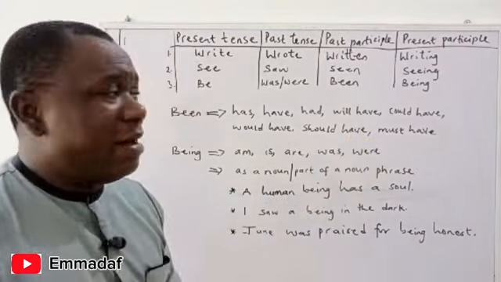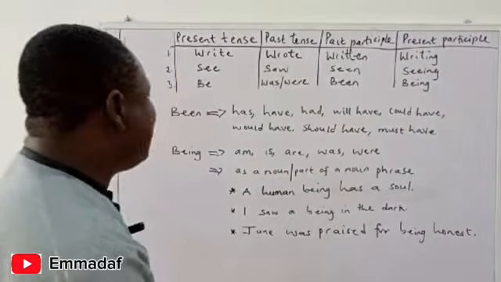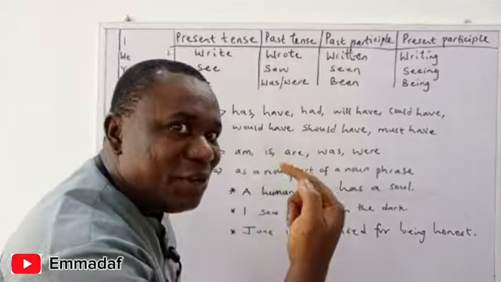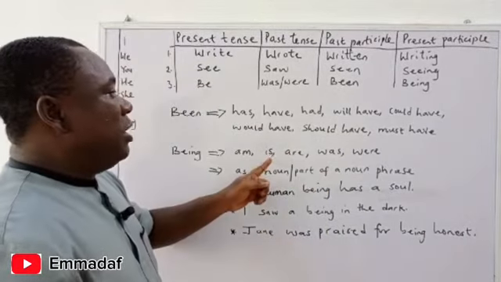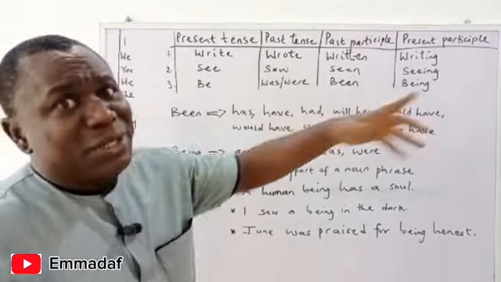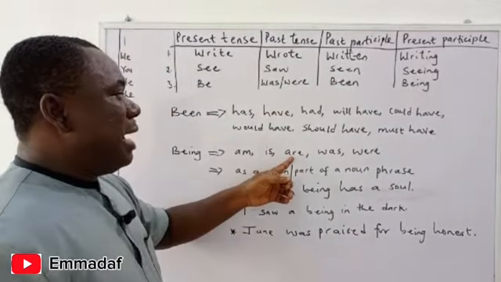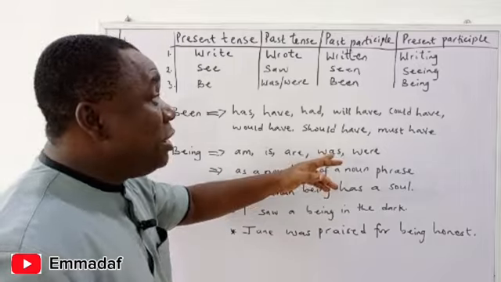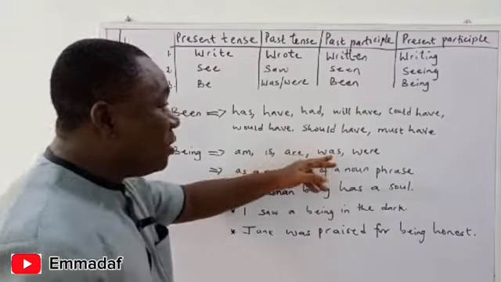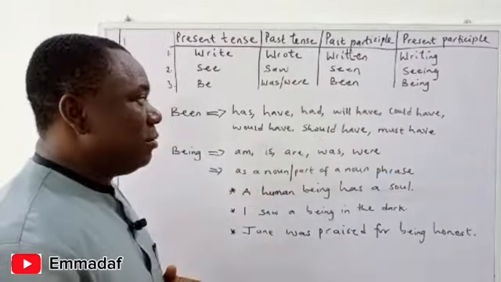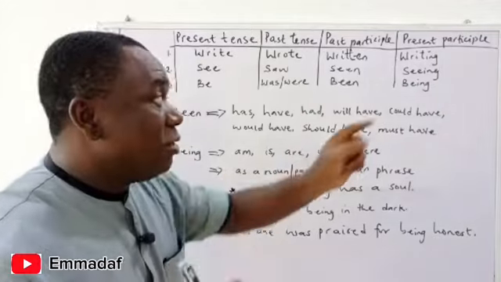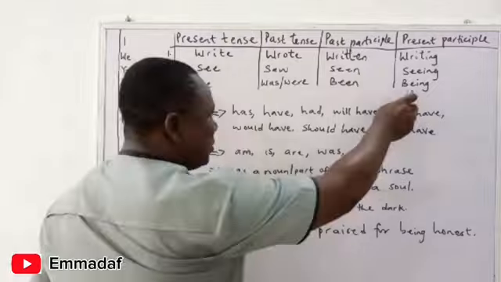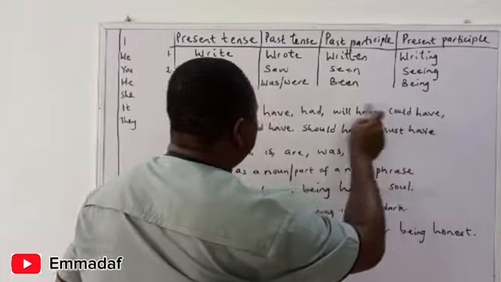The same applies to "being". So anytime you see any of these verbs, I am being honest. He is being naughty. They are being naughty. He was being stubborn. They were being cruel. So whenever you see any of these, use these.